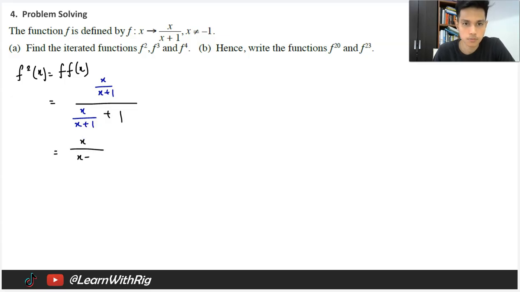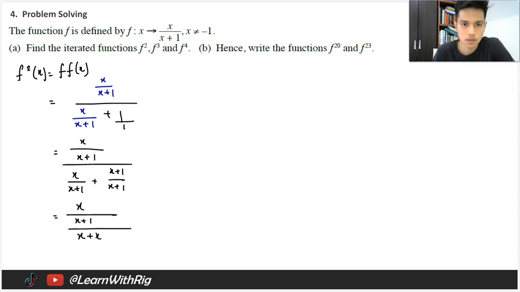X over x plus 1, over, you're going to make this 1 over 1, so it's going to become x over x plus 1 over x plus 1 over x plus 1.